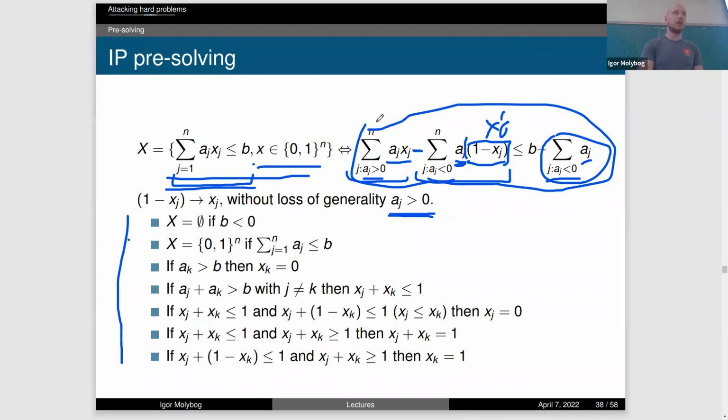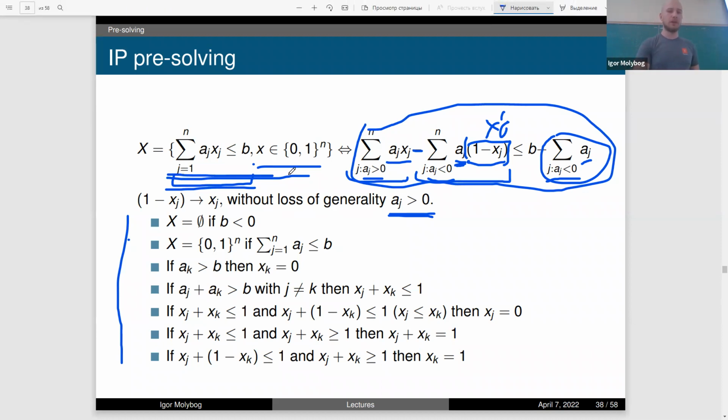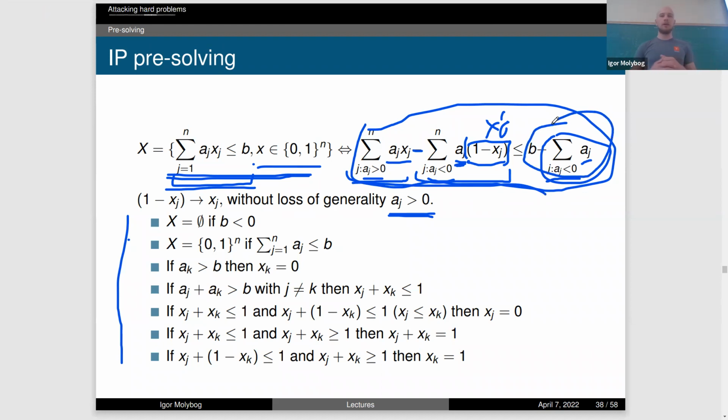So you have reduced your original inequality, with both positive and negative aj's, to a new problem with a new right-hand side, but with all of the coefficients being greater than 0.